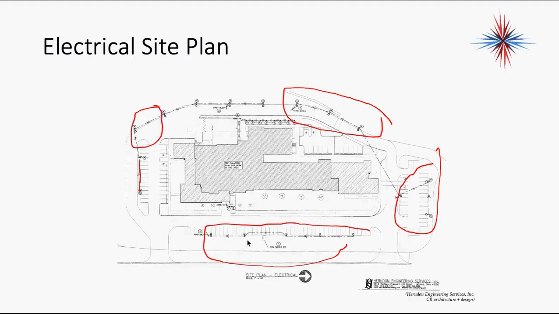It might not be there when you're doing your installation, but it's very important to know where those buried electrical cables are if you're doing any outside work. So that's a site plan. Buried cable is always a long line, a dash, another long line, a dash, another long line, and it just keeps going on. This is our parking lot lights, is what these are.